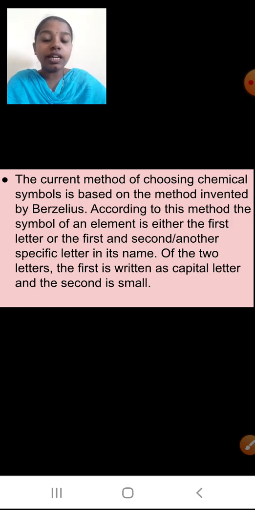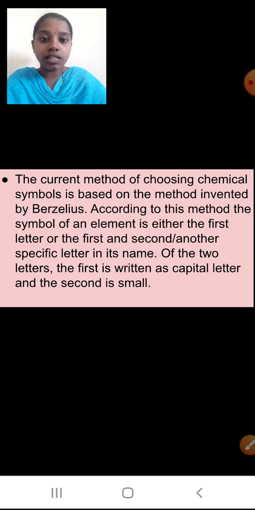According to this method, the symbol of an element is either the first letter of its name, or the first and another specific letter in its name. Whatever the name of the element, we take the first letter as its symbol, or we take the first and second letters.